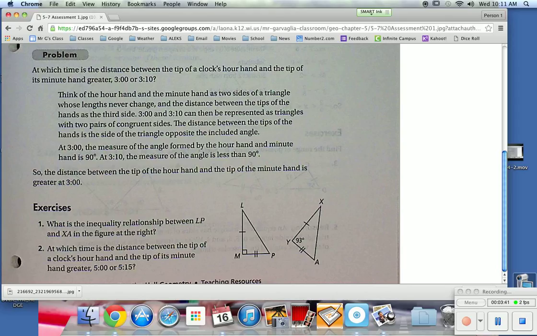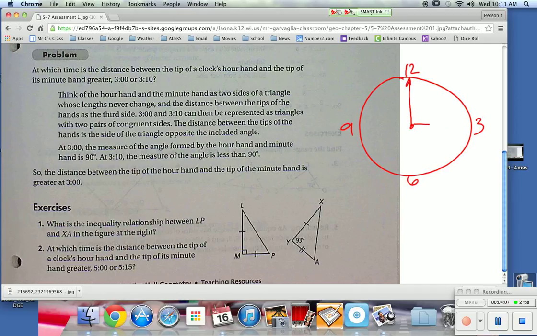At which time is the distance between the tip of the clock's hour hand and the tip of the minute hand greater? At 3 o'clock, we've got a clock. We have the minute hand here and the hour hand here, or when the minute hand is here.